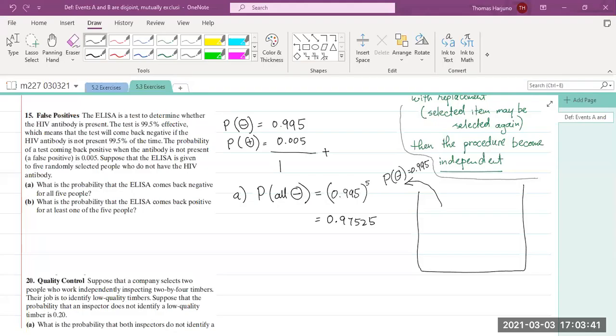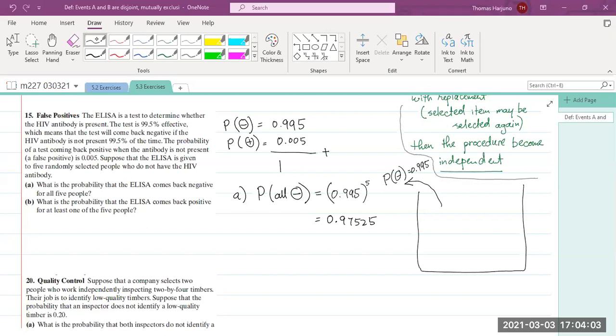So the probability that all of them tested negative, you do it one by one, but the probability for each one is 0.995. You multiply that 5 times, so 0.995 to the power of 5.